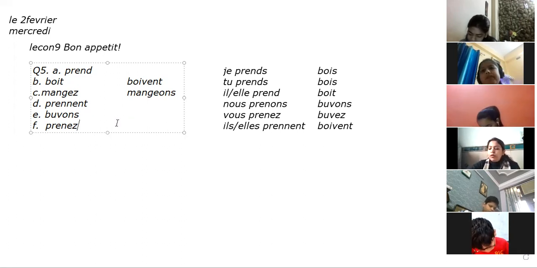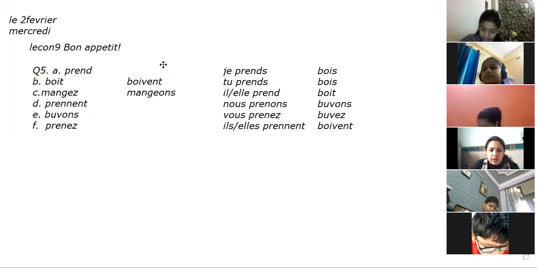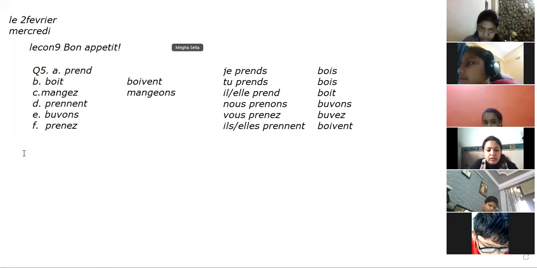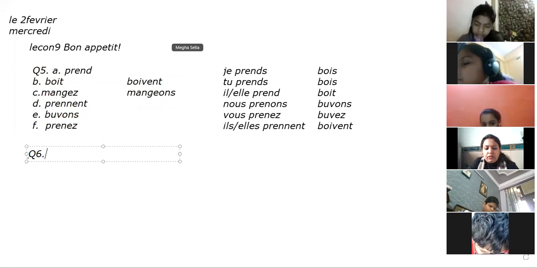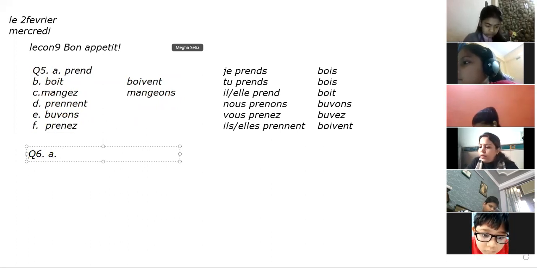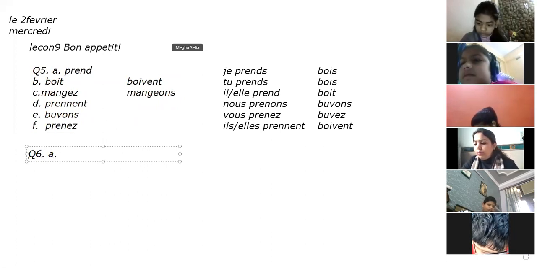Okay. Now comes the next question. You need to circle the odd one out. So let us find what is the odd one out. La confiture, le beurre, le riz, la marmelade.